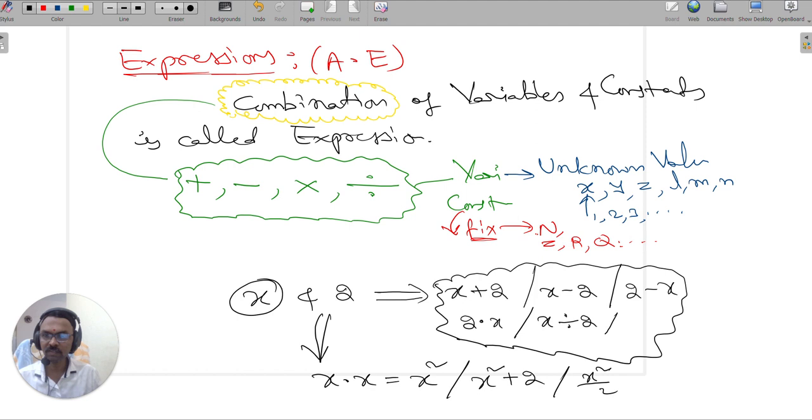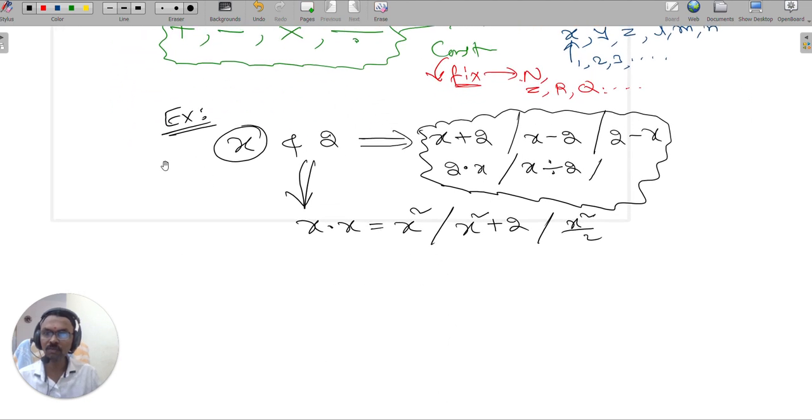In this example we use only one variable. We may use two variables also. If two variables, let me take x and y and some constant like minus 2 by 3.